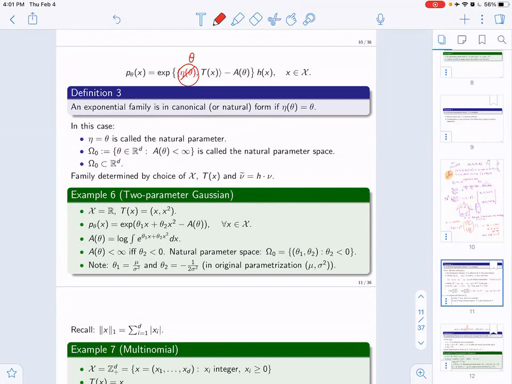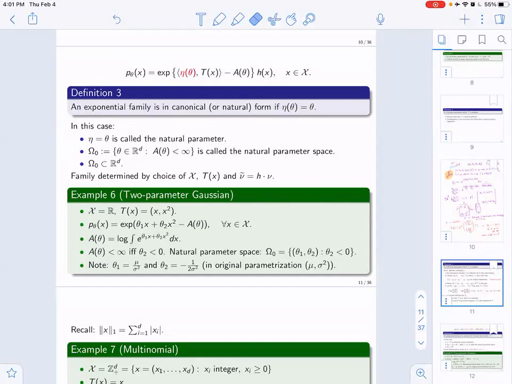If I just work with the natural parameters, this is just going to be theta. So all I'm left to determine is t and this h, or h dot nu basically. As long as you define the sufficient statistic and your underlying measure, then you define the family.